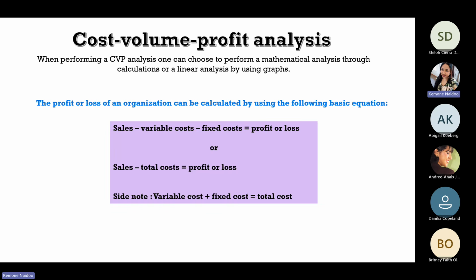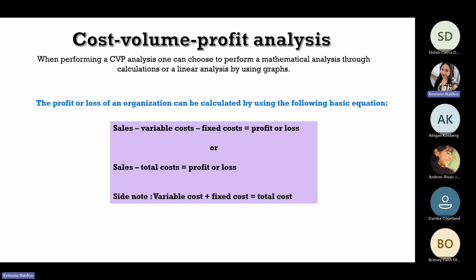Like for example, you must understand concepts like fixed costs and variable costs. Our fixed costs are the costs that don't change. So they remain constant. So it'll be like your salaries, your rent, even though they may change every so often, like every year or so, for the most part, they do stay fixed for a long period of time.